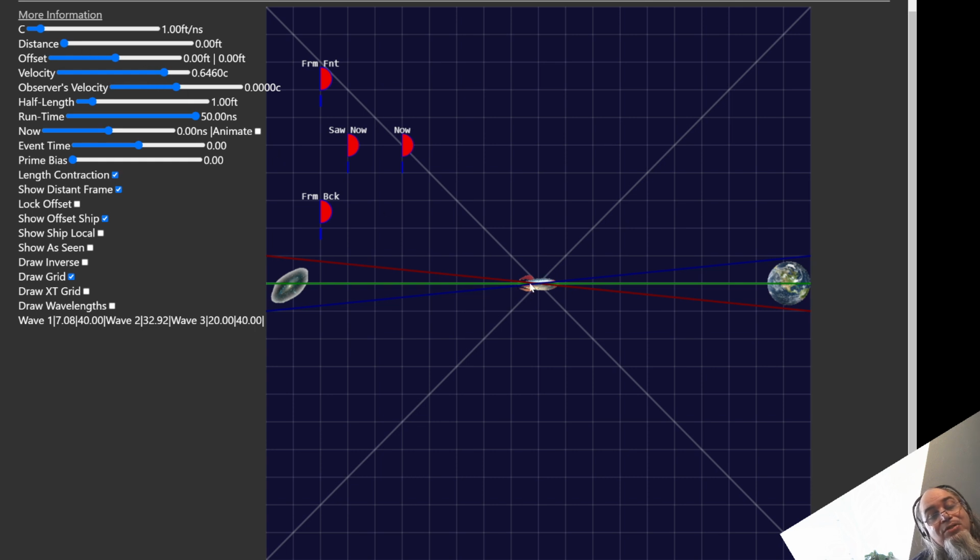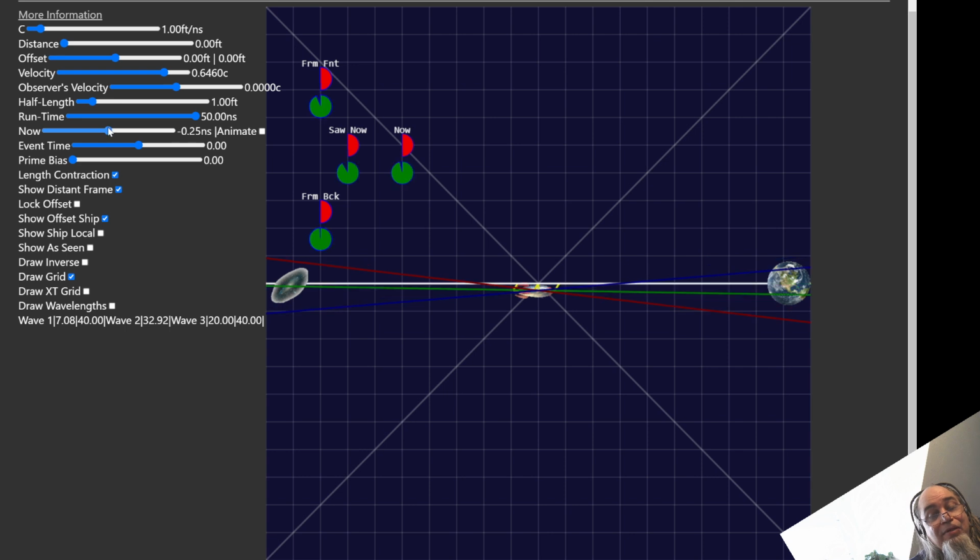If you're offset in the ship slightly, that's this back, then you see... No. The back is the red line, and the front is the blue line. This should have been reversed. The front of the ship sees a newer version of the Earth than of Andromeda, and the back of the ship sees a newer version of Andromeda.